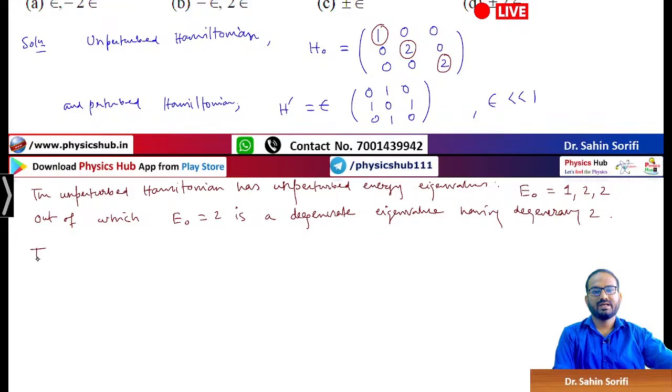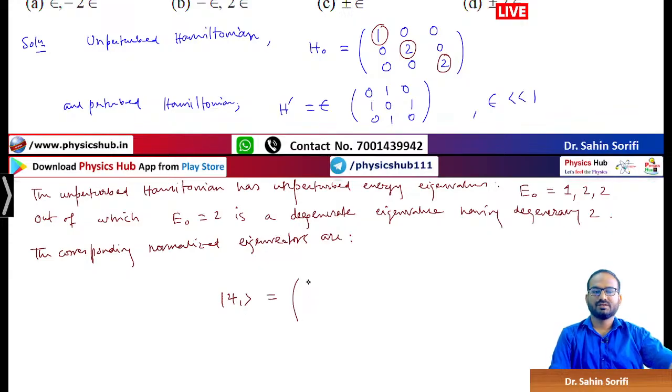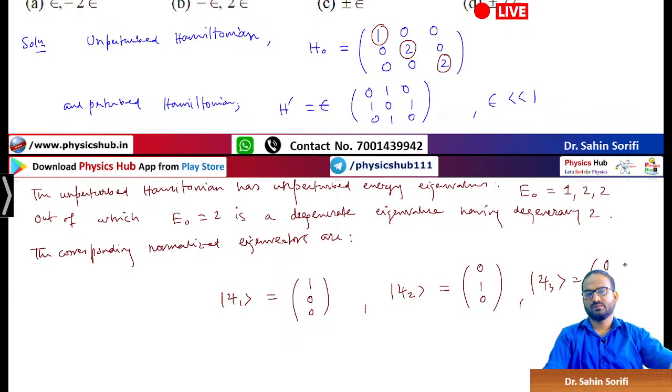Now the corresponding eigenvectors, you can calculate the eigenvector the way you find eigenvectors and eigenvalues. So the corresponding normalized eigenvectors are, it is very easy to predict. Let's say I am writing psi 1 instead of phi 1. It is 1 0 0, psi 2 is 0 1 0, psi 3 is 0 0 1.